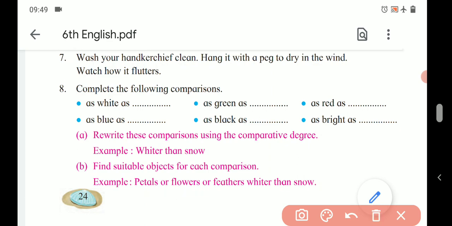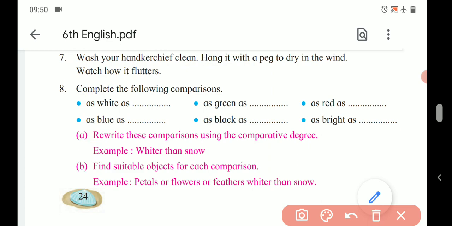So in this way you have to write the first form of that adjective, then you have to write the second form, just like whiter, greener. Then you have to think of which two things can be compared using these structures.